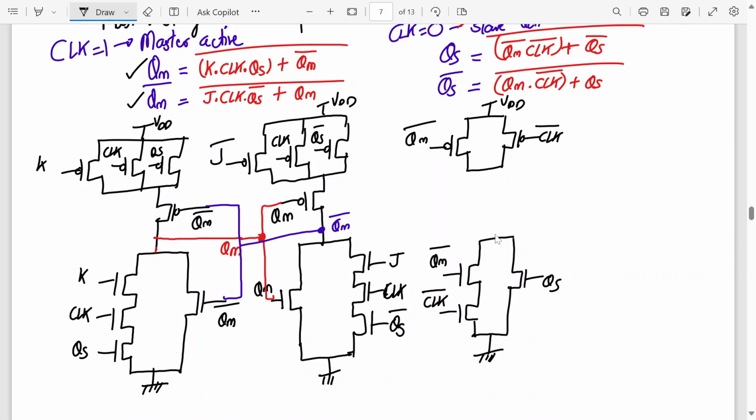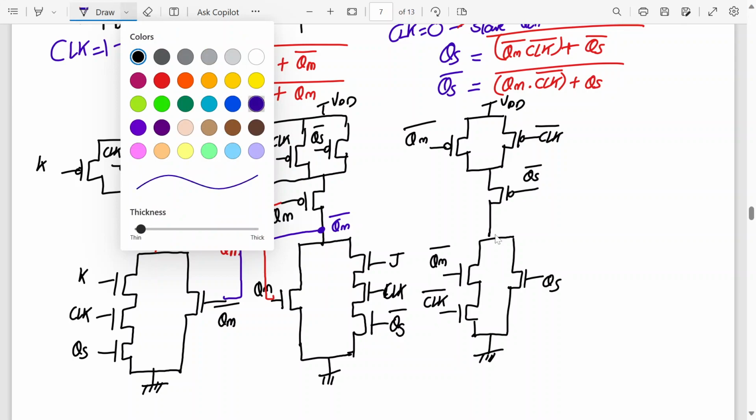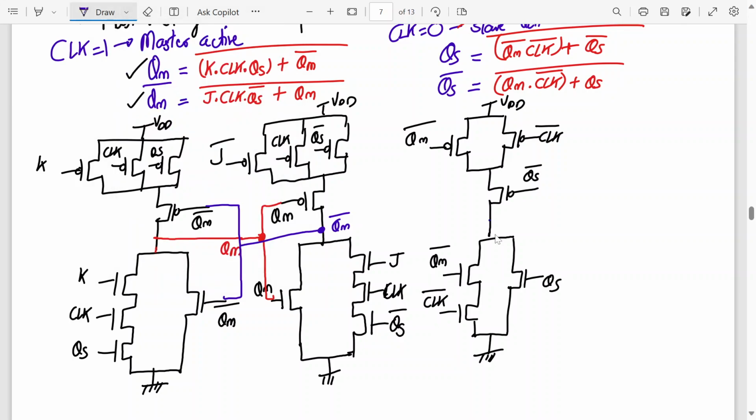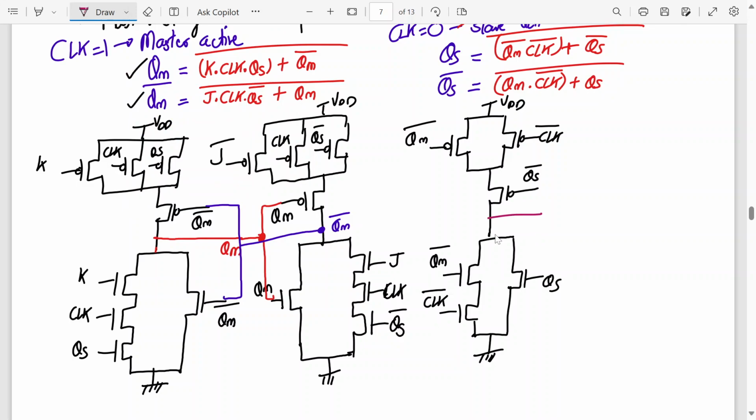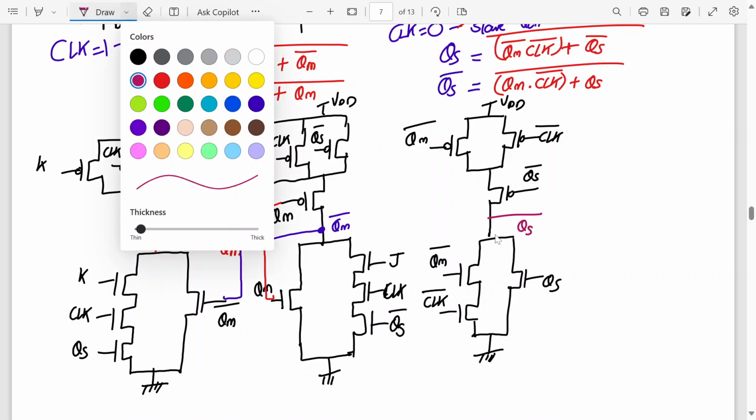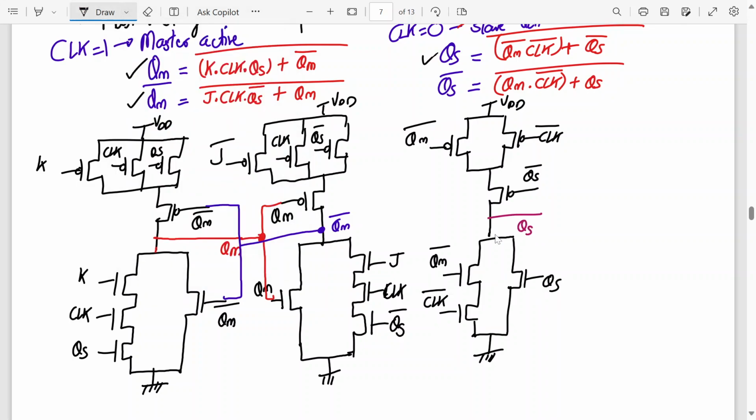Alright, and this will be in series with a transistor with the input QS bar, and the output will be QS, right? This will be QS. So similarly, I've drawn it for QS.